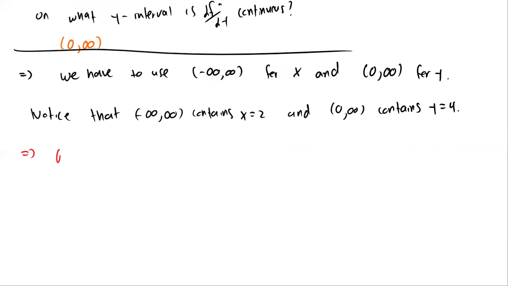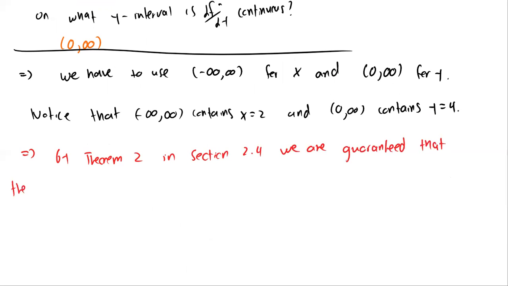So, by theorem 2 in section 2.4, we are guaranteed that there exists an interval I naught centered at the input x value, so centered at x equals 2, right?